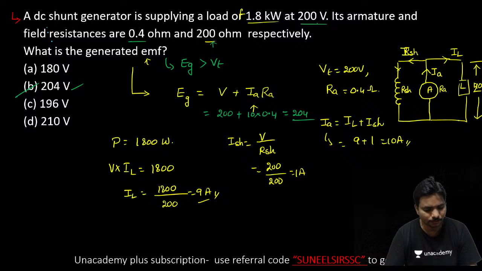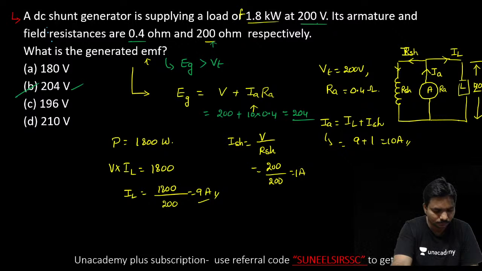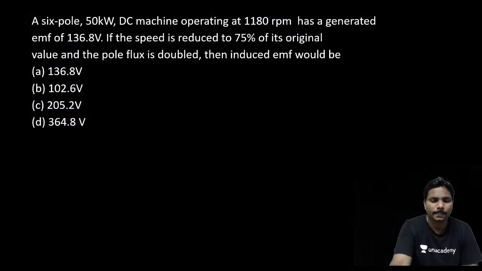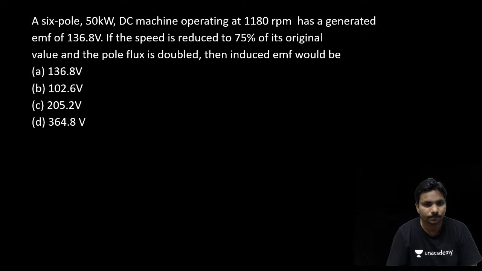Coming to the next question. A 6-pole 50 kilowatt DC machine operating at 1180 RPM has a generated EMF of 136.8 volt.